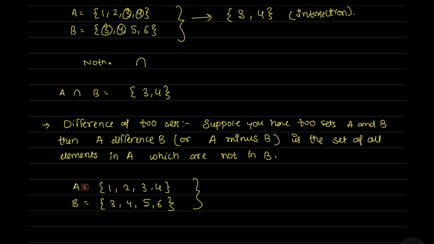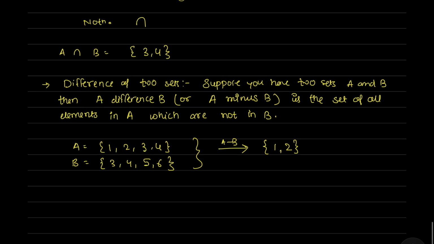Okay, now as per definition, we are trying to find A minus B: all elements of A which are not in B. So 1 is in A, not in B. 2 is in A, not in B. 3 is in A, but it is also in B. So we can't write 3. 4 is again in A, but it is also in B. So again we can't write 4. So 1 comma 2 will be our A minus B.